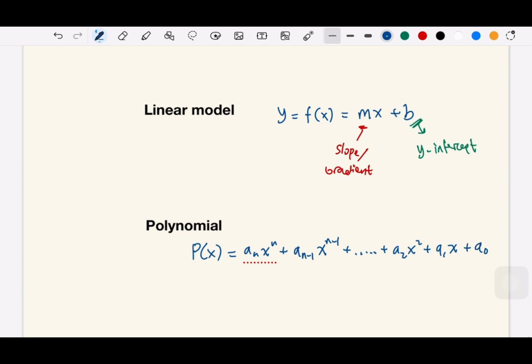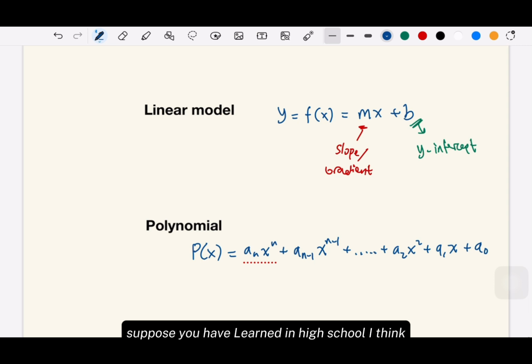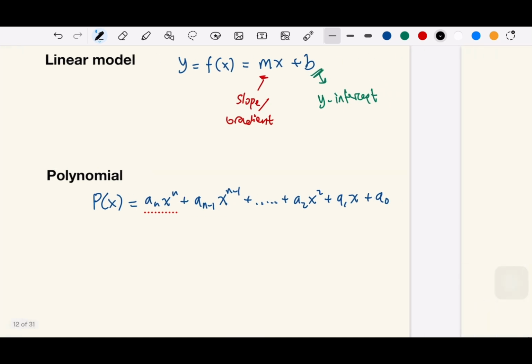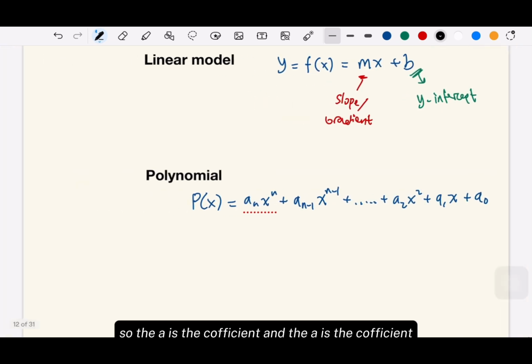Okay. I think polynomial, you have learned in high school, I think. So the a is the coefficient. Okay, the a is the coefficient.